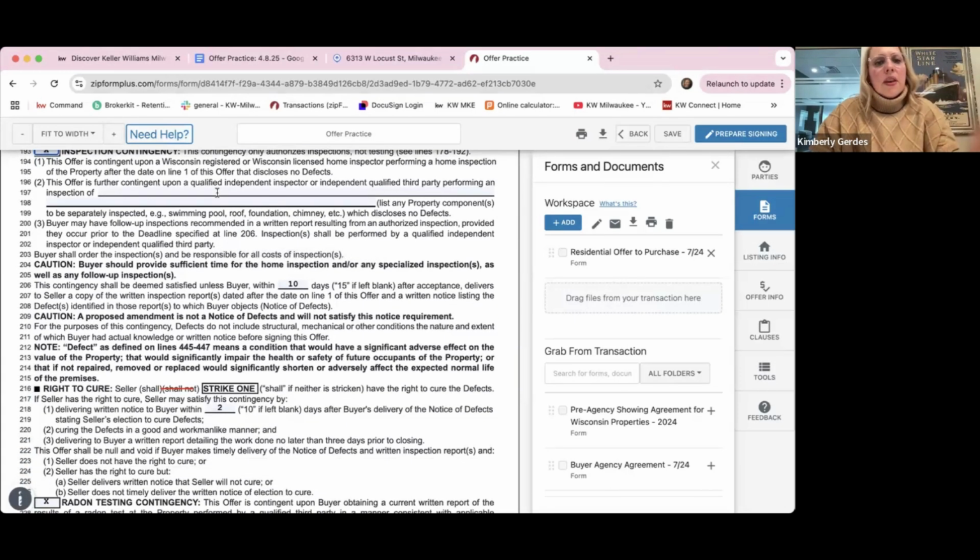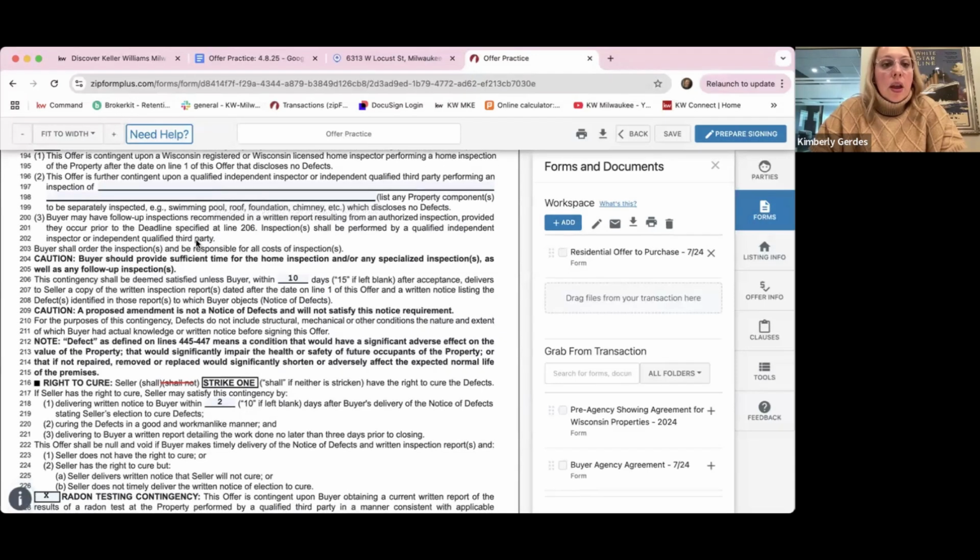And if there was something very specific that you saw right out of the gate, like at a showing, that you wanted to have inspected, maybe a chimney looked suspicious, or the basement, or a swimming pool, you can write that very specific inspection in here right out of the gate. You have to indicate what you want inspected beyond the general home inspection.